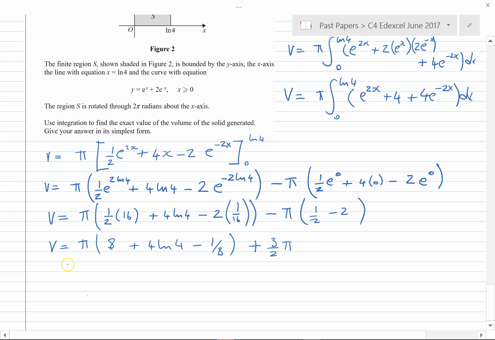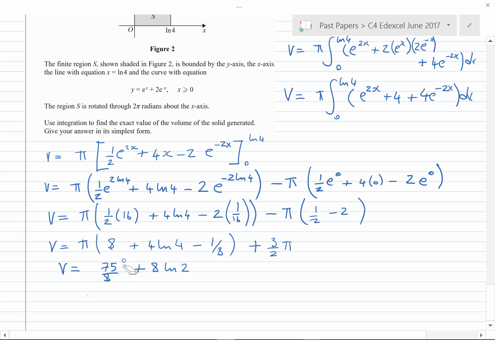Right, bringing all this together, we've got 8 plus 3 over 2 minus 1 over 8. So that's 63 over 8 plus 12, so that's 75 pi over 8. And then we've got plus 4 ln 4, or 8 ln 2, probably better to write that.